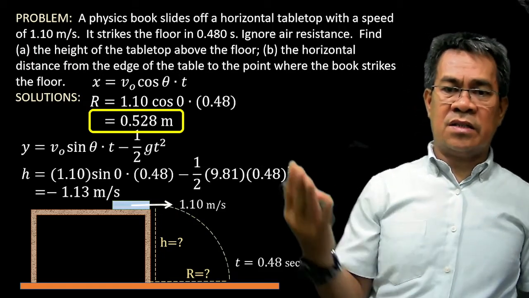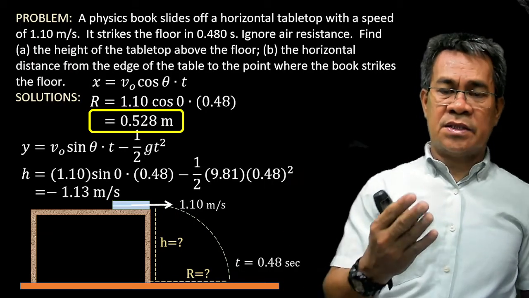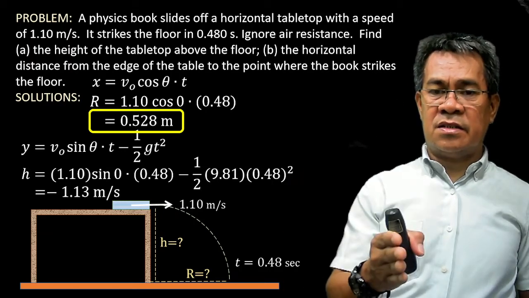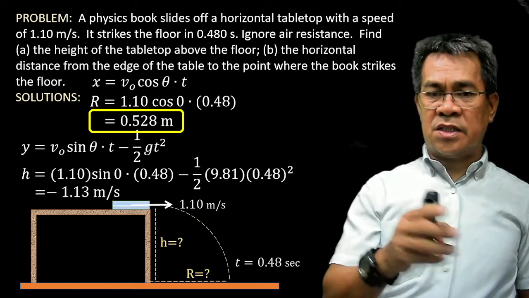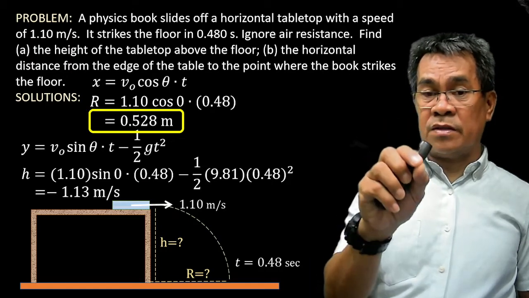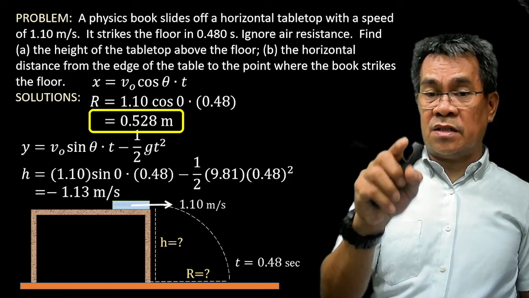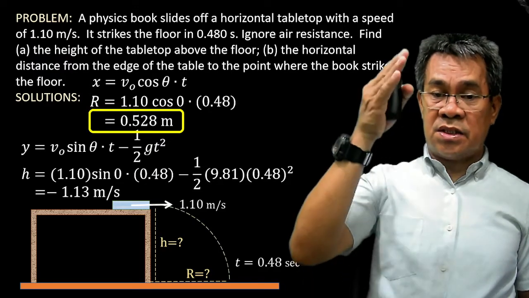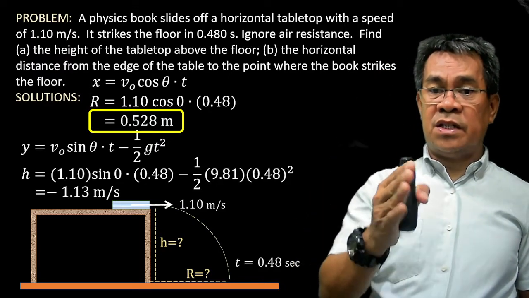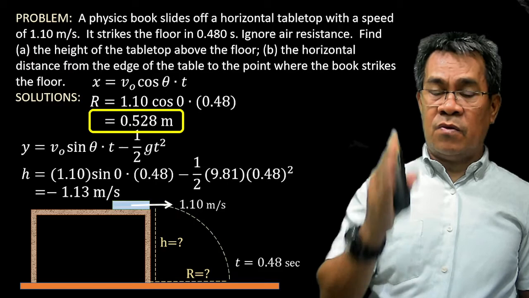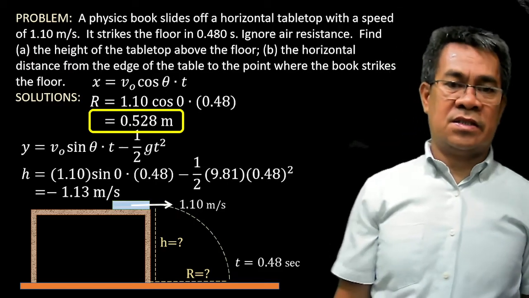Why negative? Because take note that the origin of the Cartesian should always be at the initial point, meaning it is on top of the table. Since h is below, it should be negative, and that's correct. It is negative 1.13 meters.